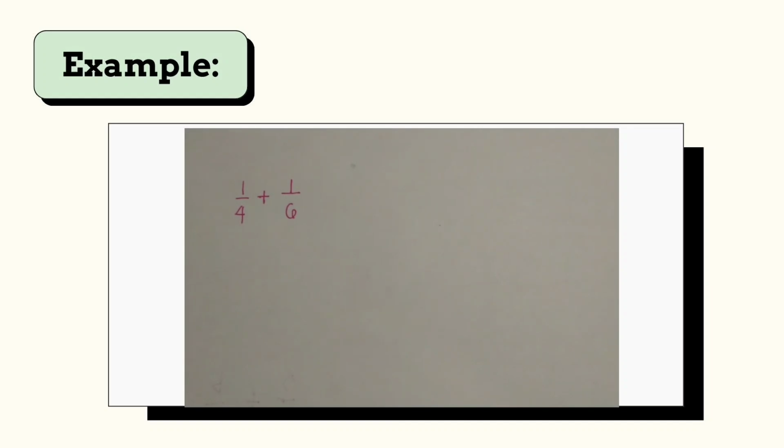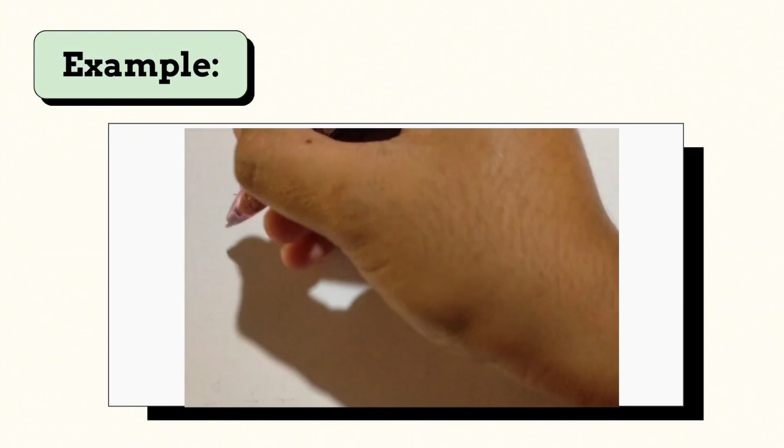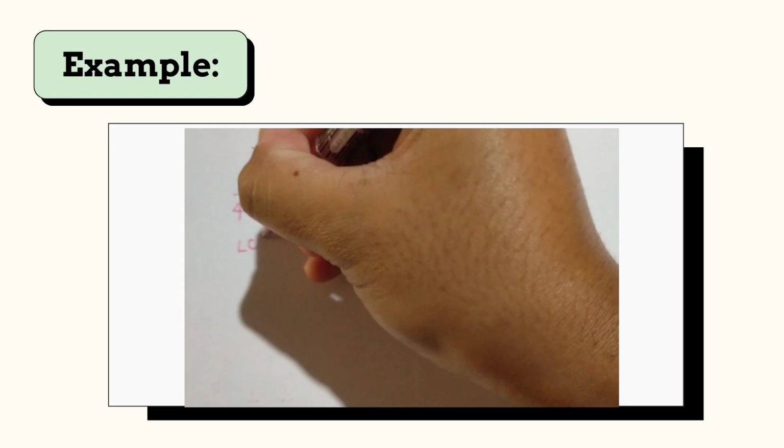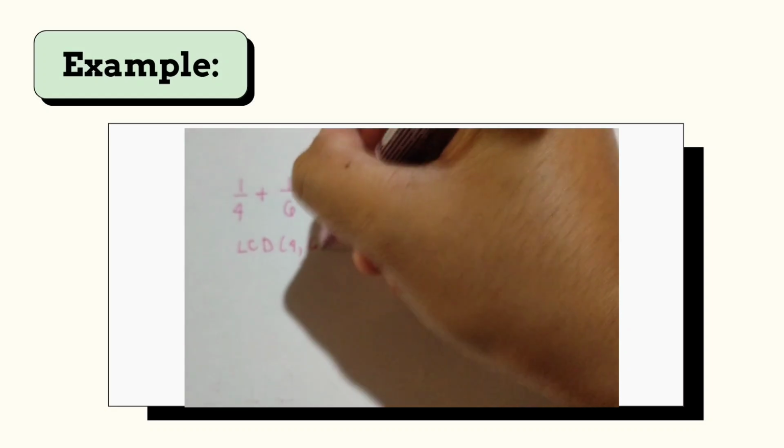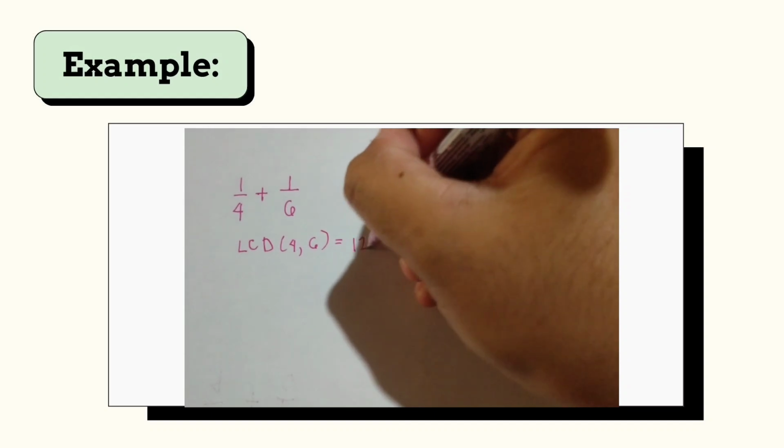Therefore, we can't proceed with addition. What we need to do is find their LCD. So we need to think of the lowest possible number that is divisible by both 4 and 6. And the LCD of 4 and 6 is 12.